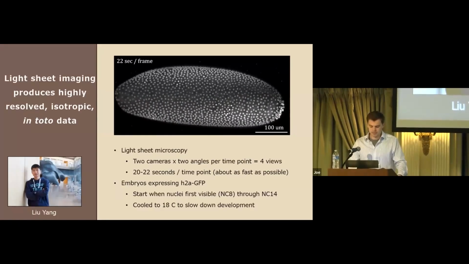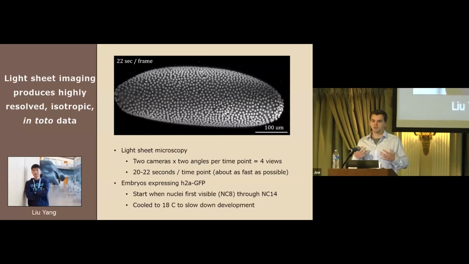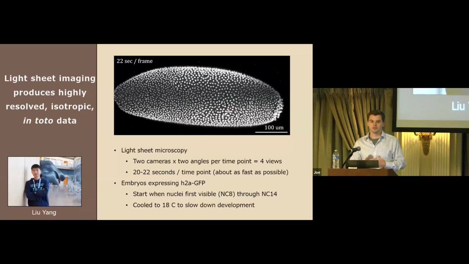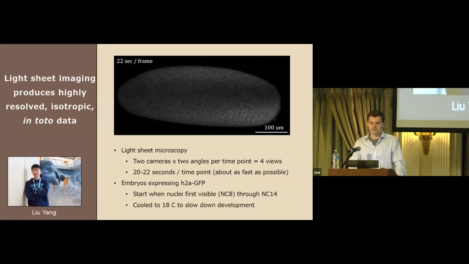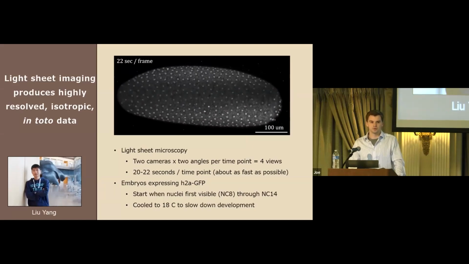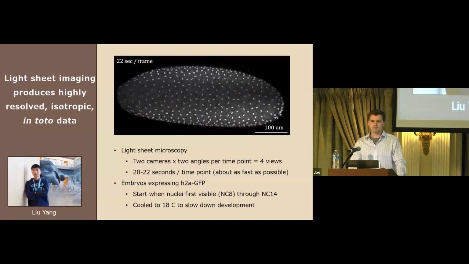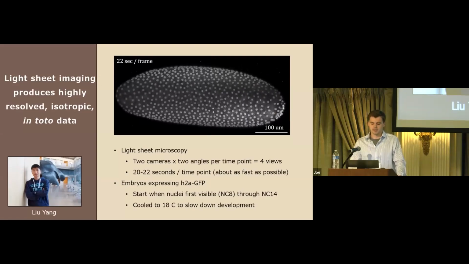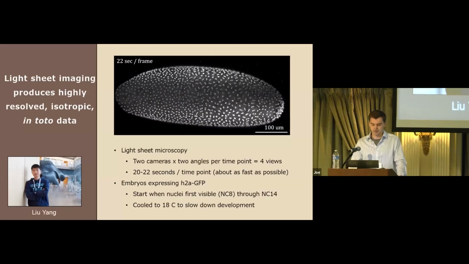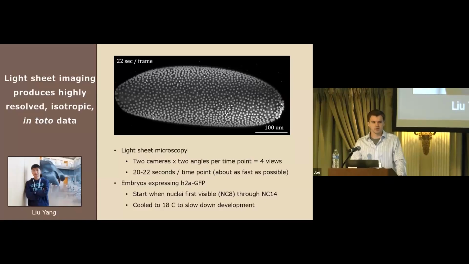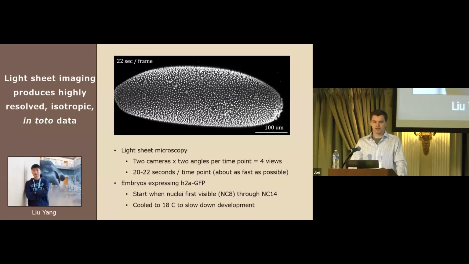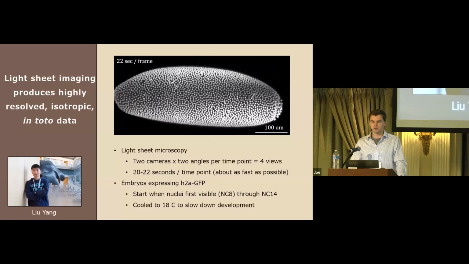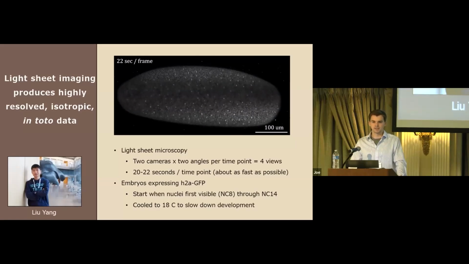With this light sheet microscopy, we are imaging all four sides of the embryo every 20 seconds, and we're able to stitch together these four orthogonal views to generate isotropic data of the entire surface of the embryo. This is really high resolution data at a very fast time resolution, which is really necessary if you want to look at every single nucleus and follow it through time.